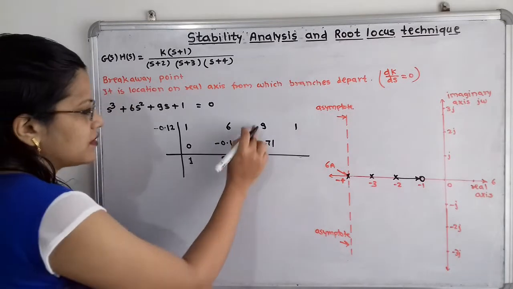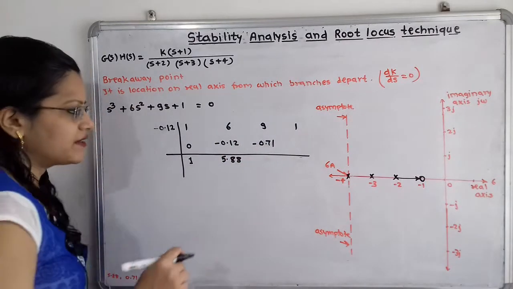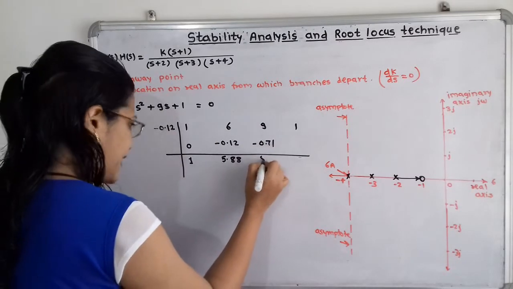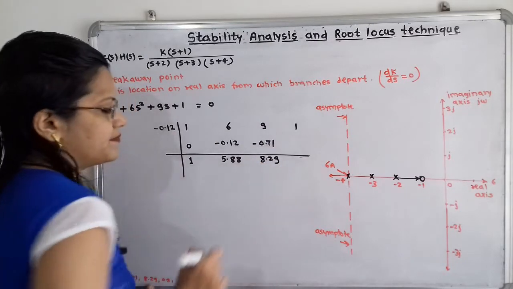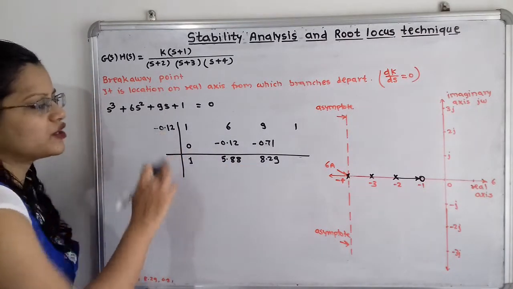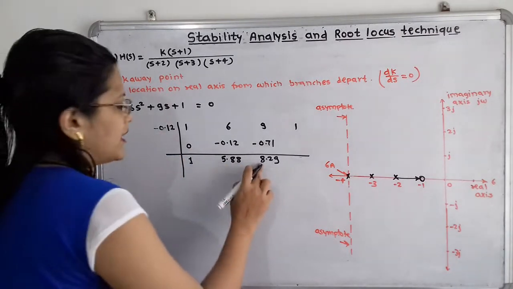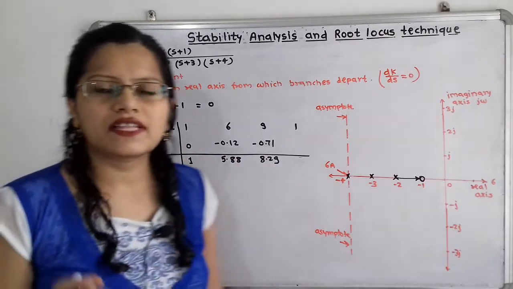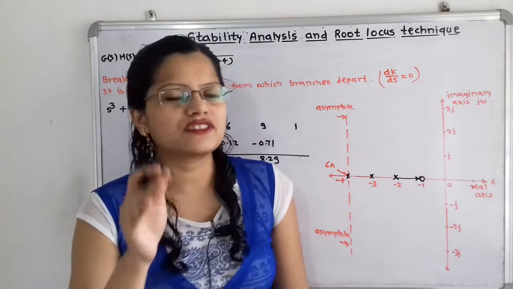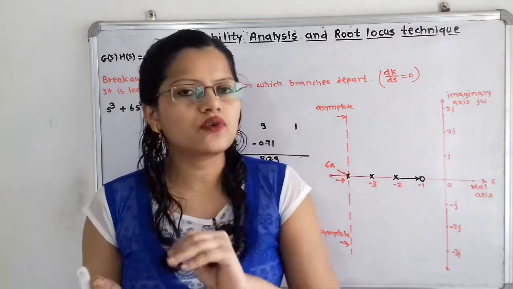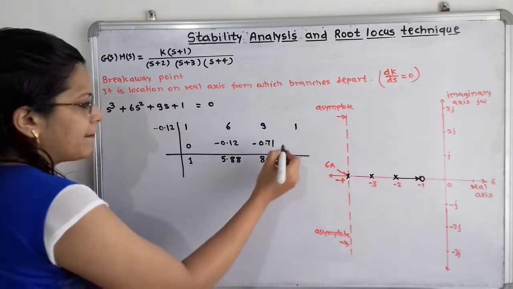Then 9 minus 0.71, that is 8.29. So this 8.29 multiplied by minus 0.12, that is equal to minus 0.99. But this 0.99 is equal to 1. So we have to take here as a minus 1.